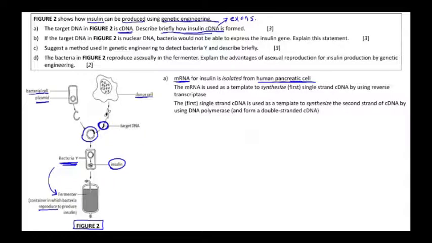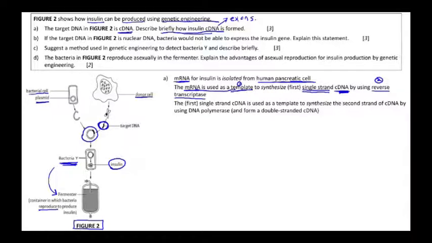And this mRNA will then be used as a template to produce the first strand of cDNA by using enzyme reverse transcriptase. You must mention the template, which in this case is the mRNA, as well as the type of enzyme used, which is enzyme reverse transcriptase. These two are needed to produce the first strand of cDNA. DNA is double-stranded.